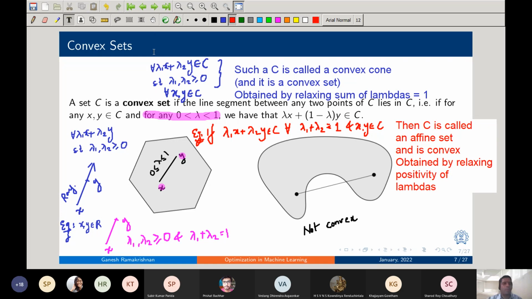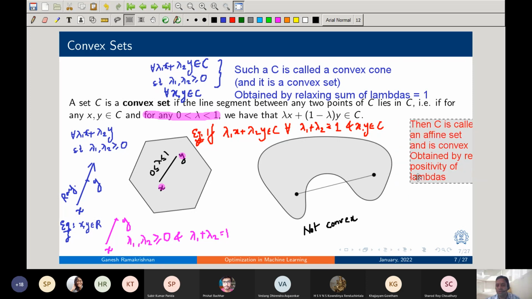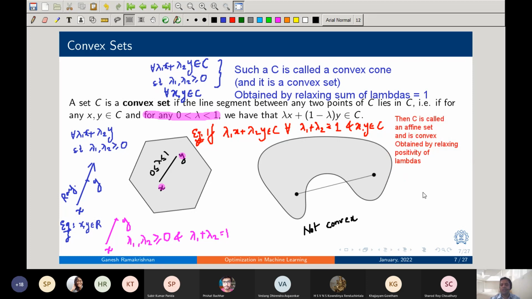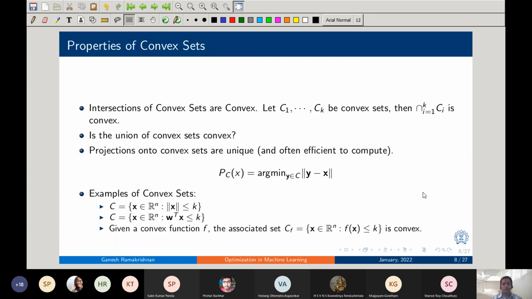Okay, any questions? Otherwise we'll move on. All these are examples, but there are some interesting properties of convex sets. Intersections of convex sets are convex. This is easy to prove.